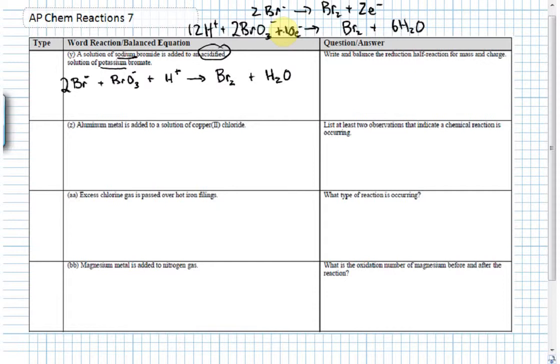Now, in order to bring these 2 reactions into balance, I've got one reaction that requires 10 electrons. I've got another reaction that gives off 2 electrons. So what am I going to have to do here? If I want to balance these 2 reactions, I'm going to have to multiply this one by 5.